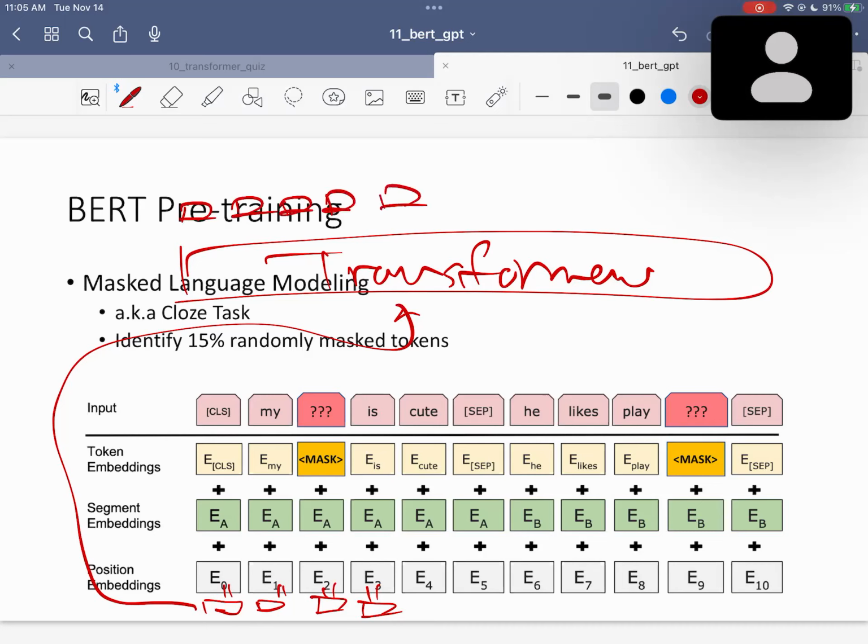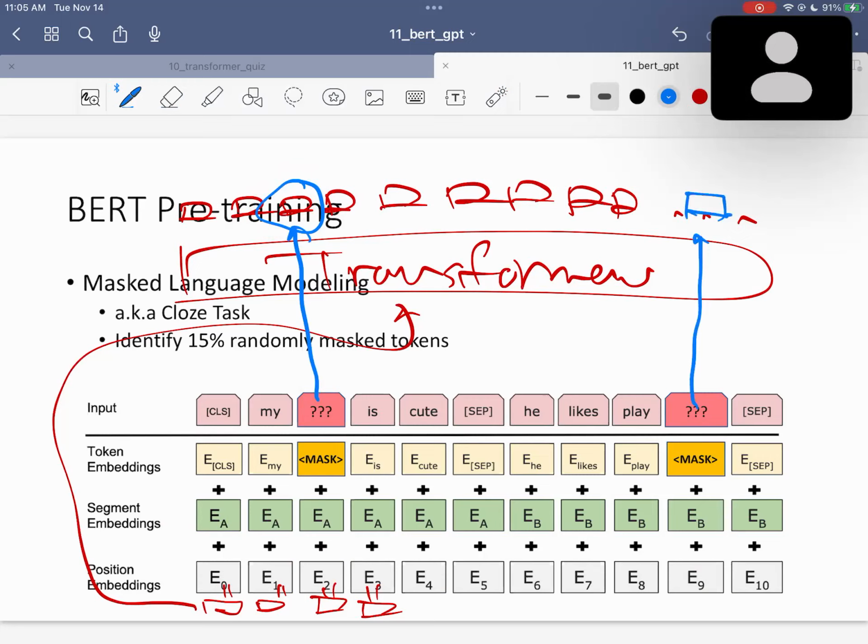And what you want to do is predict the contextualized embedding that was masked in the inputs, which would be this one, because this is the third one. There will be a corresponding token here as well.